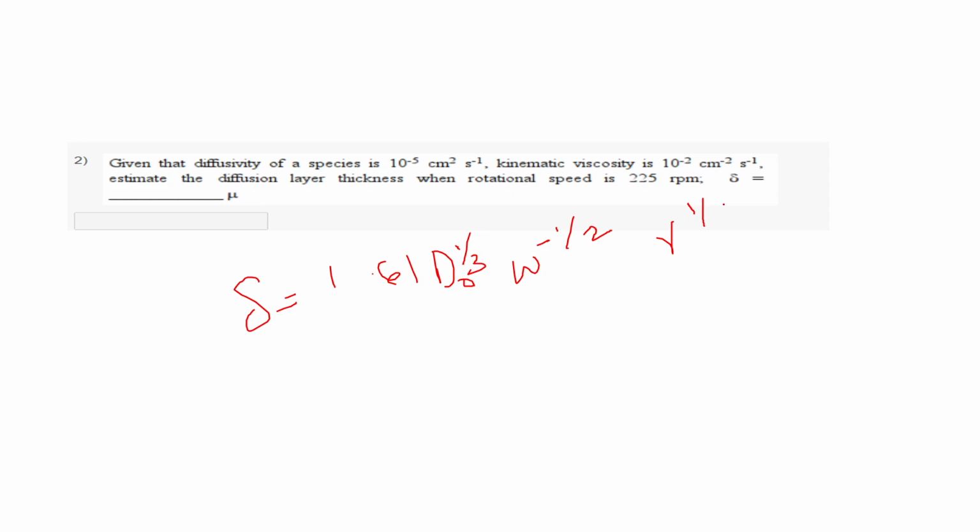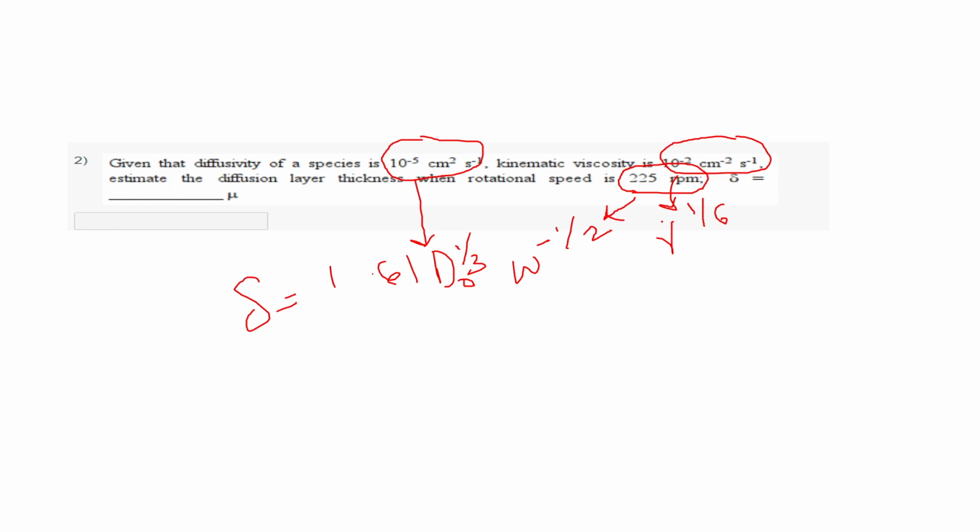Given the diffusivity of the species as 10 to the power minus 5 centimeters square per second, kinematic viscosity as 10 to the power minus 2 centimeters square per second, and rotational speed as 225 rpm, you are supposed to calculate the del value.